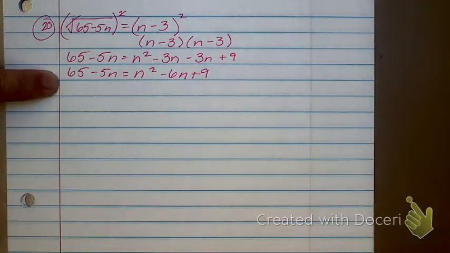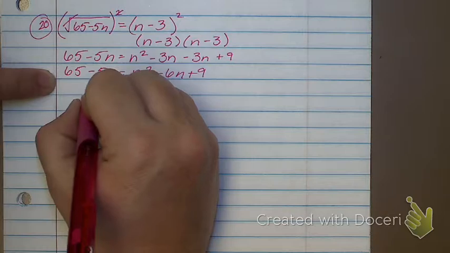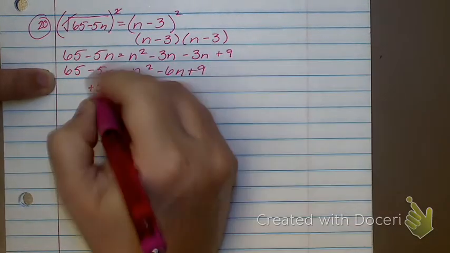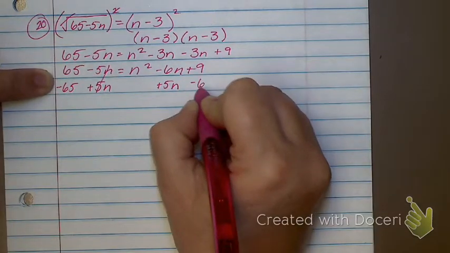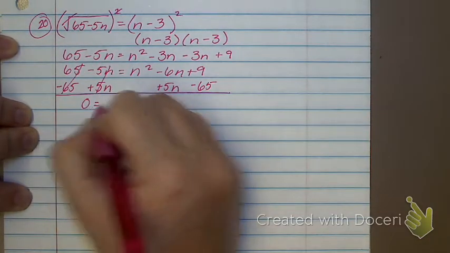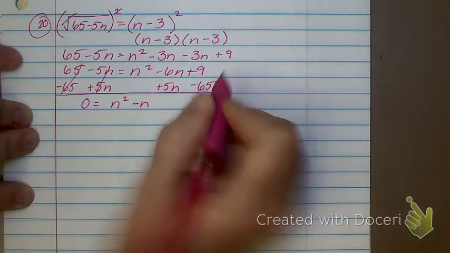And at this point, I need to get everything to the same side as the n squared so that I can factor. So I'm going to add 5n, because those guys are like terms. I'm also going to subtract 65, because those guys are like terms. And that leaves me with my 0 over here equals n squared minus n.